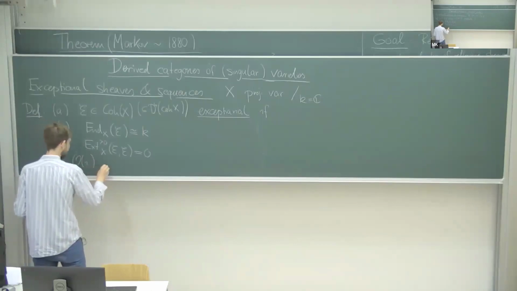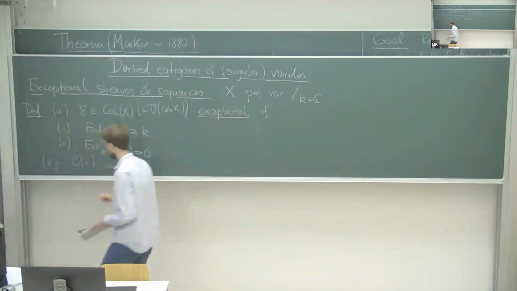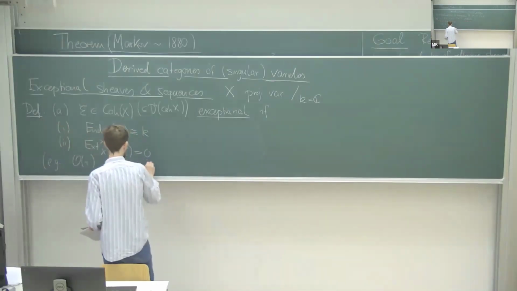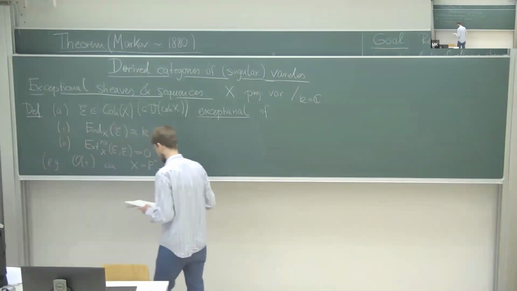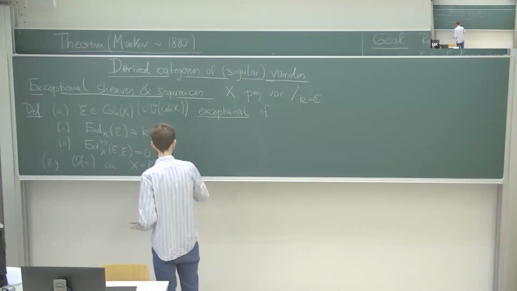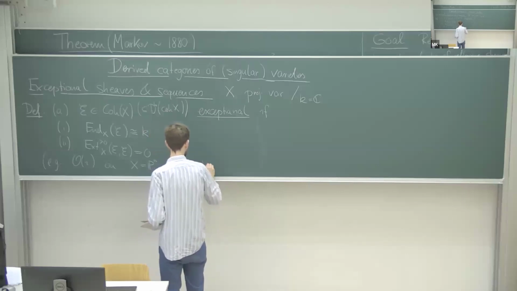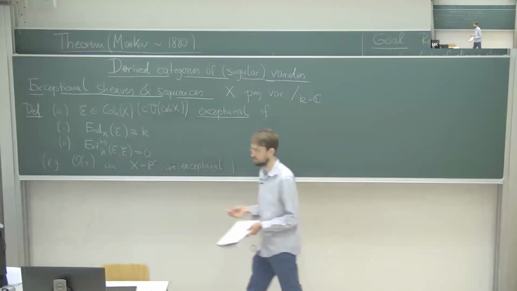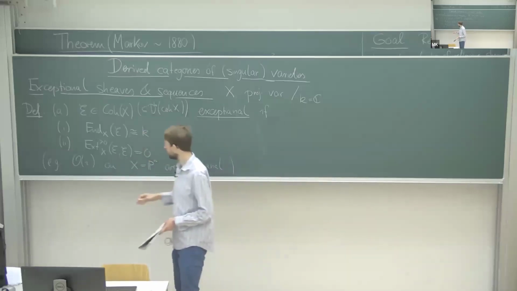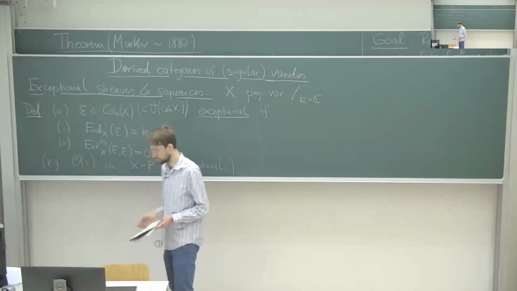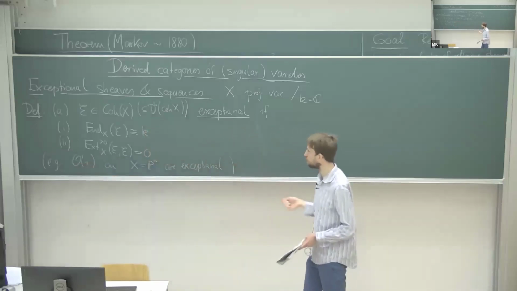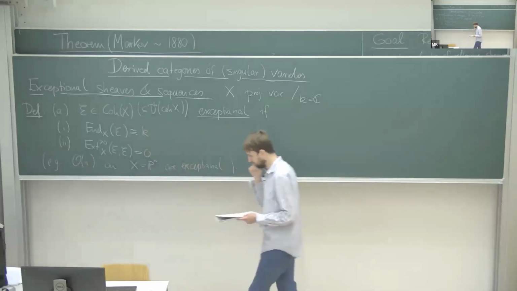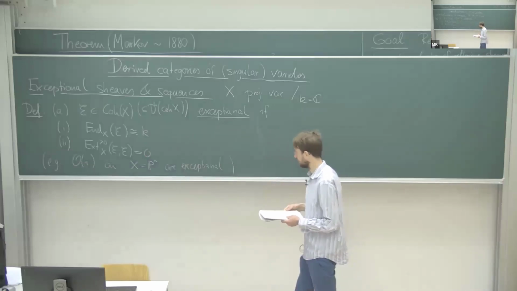for us, the most important example will be line bundles O(i) on X being projective n-space. These are exceptional. And this follows, since one can check quite easily that the structure sheaf is exceptional, and then applying an autoequivalence, in this case tensoring with such a line bundle, preserves this property of being exceptional.